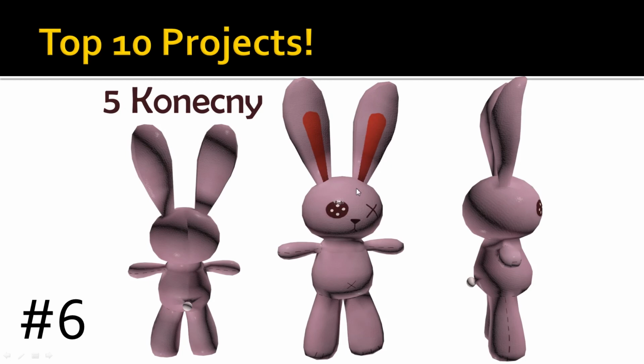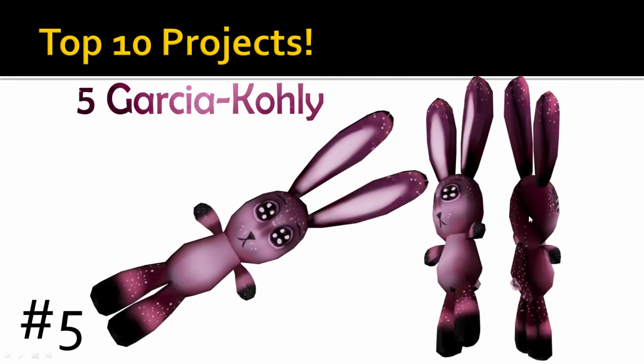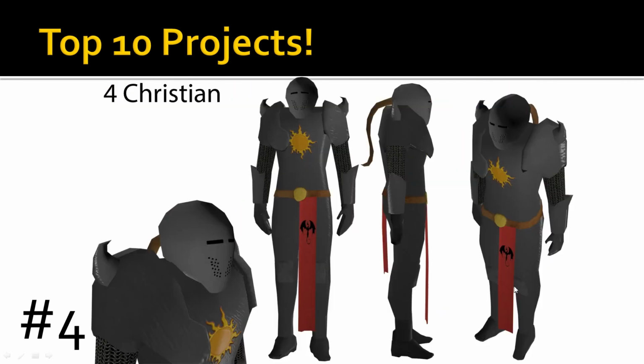I really like the specularity on the bunny, so it looks almost rubbery, but you can still see all of the little bumps in here. Fantastic work. The same concept art also gave us this little bunny. Once again, a different take on it, slightly more stretched, but still a really neat object.